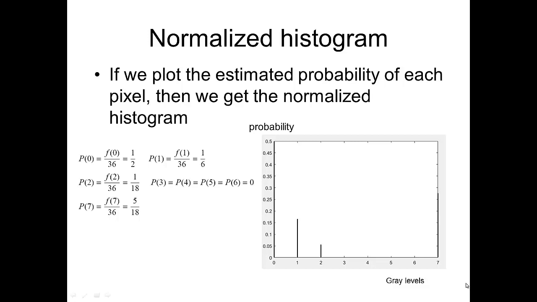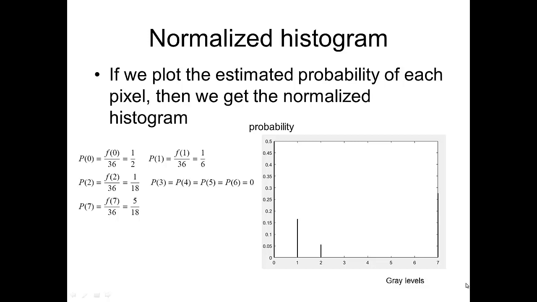Then when you draw a graph, we call this graph a normalized histogram. The x coordinates are still gray values. The y coordinates are the estimated probabilities. For example, for the pixel value 0, the probability is 0.5.